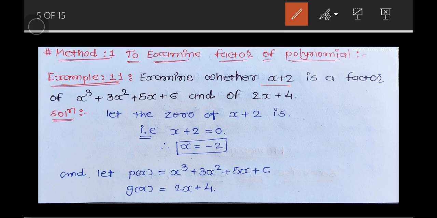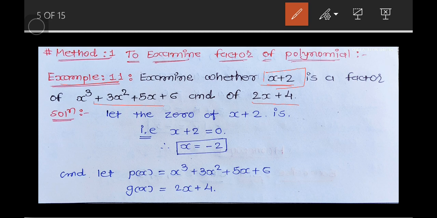We want to prove that x plus 2 is a factor of both polynomials. We can prove this by finding the zero of the given linear polynomial, and putting this value in both polynomials. If each gives 0, then we can say that the given linear polynomial is a factor of both polynomials.